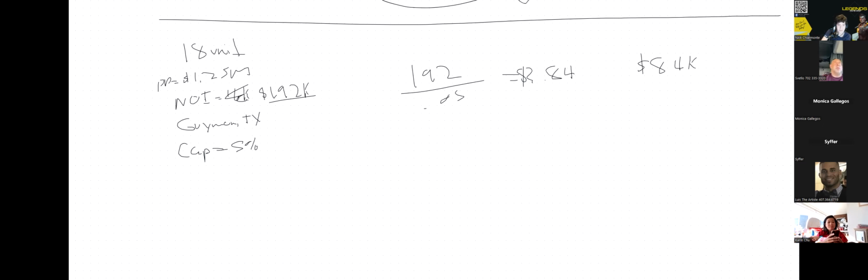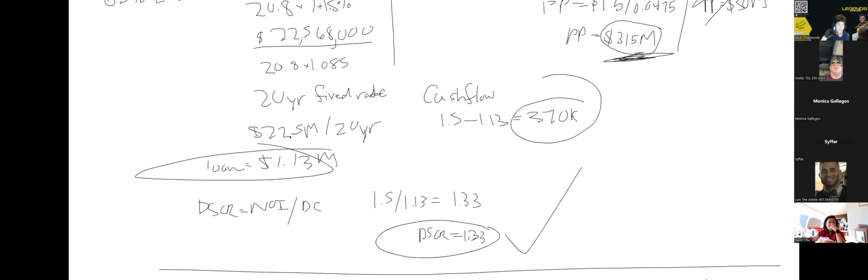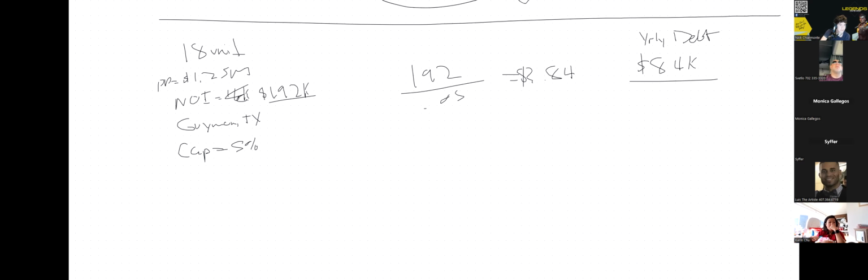So let's calculate the free cash flow. The yearly debt is 84,000. The free cash flow is NOI minus your debt service. So 192,000 minus 84,000.